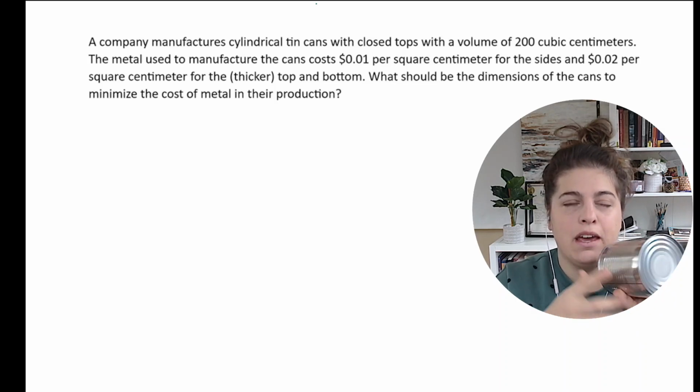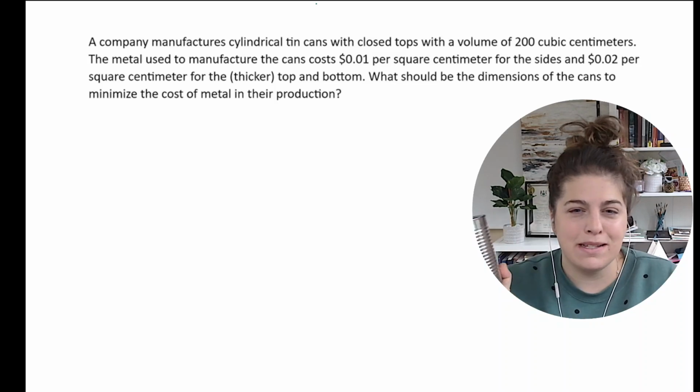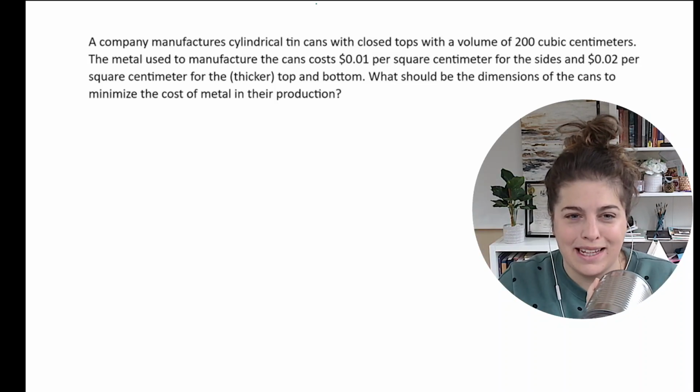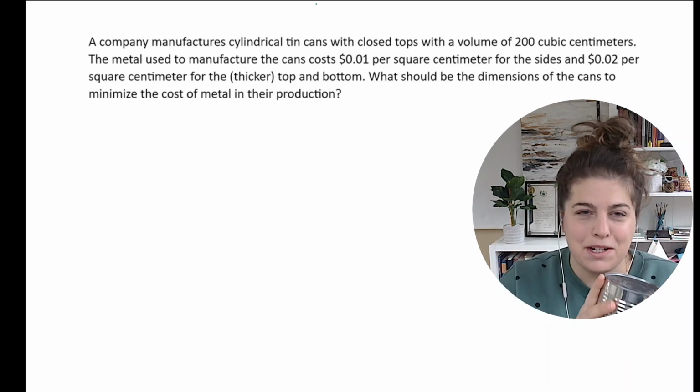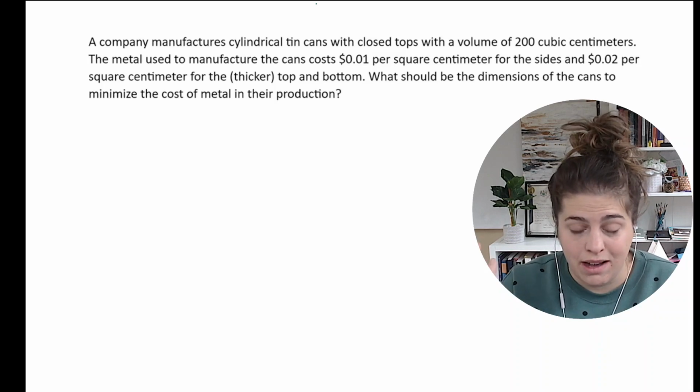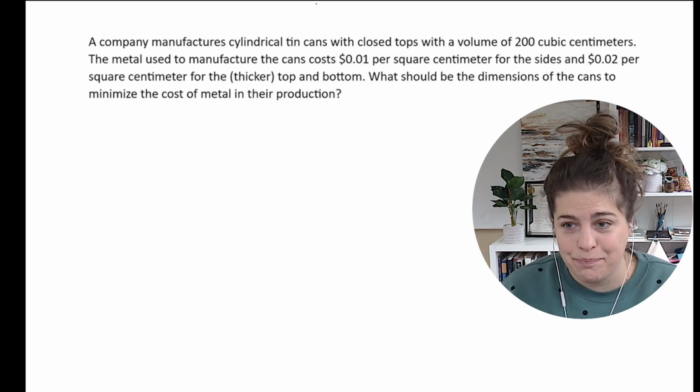I know that in business classes we're not normally dealing with cans and volumes like this. This is not the type of question that usually shows up on the exam because it requires you to have memorized these formulas. Okay.